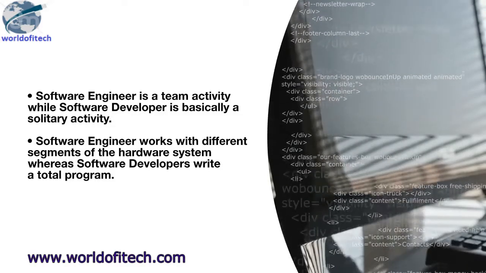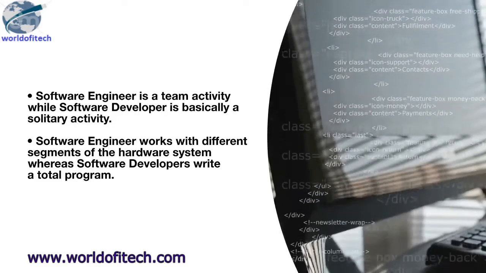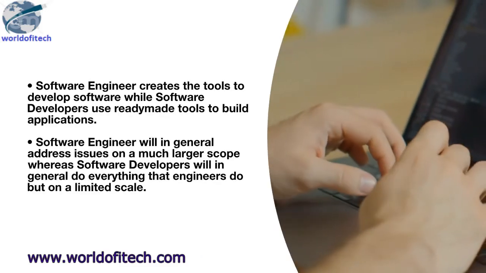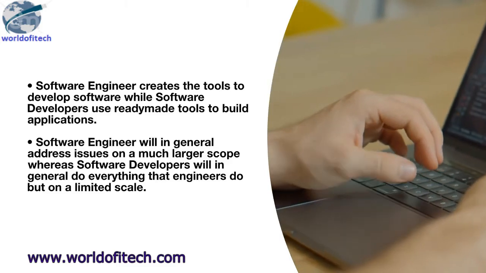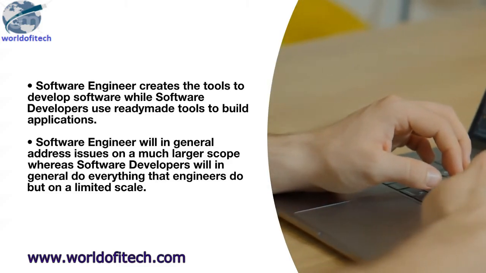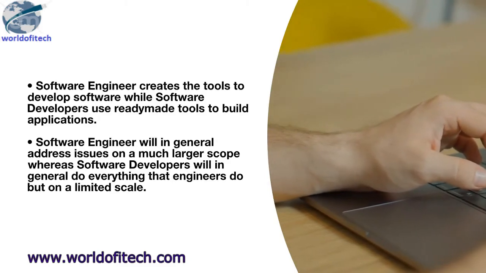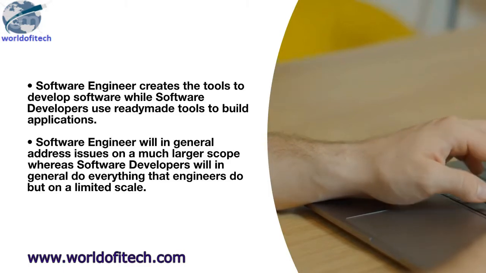A software engineer works with different segments of the hardware system, whereas software developers write a total program. A software engineer creates the tools to develop software while software developers use ready-made tools to build applications. Software engineers will in general address issues on a much larger scope, whereas software developers will in general do everything that engineers do but on a limited scale.